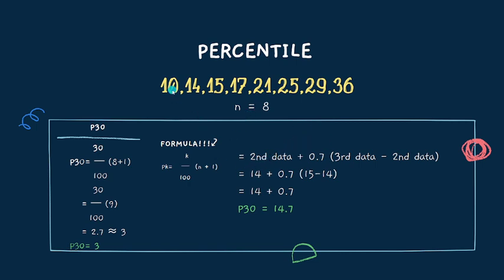The second data is 14 plus 0.7 times the third data, which is 15, minus the second data, which is 14. Then we simplify: 14 plus 0.7, because 0.7 times 1 is 0.7. Then 14 plus 0.7 is equal to 14.7. So P30 is equal to 14.7.